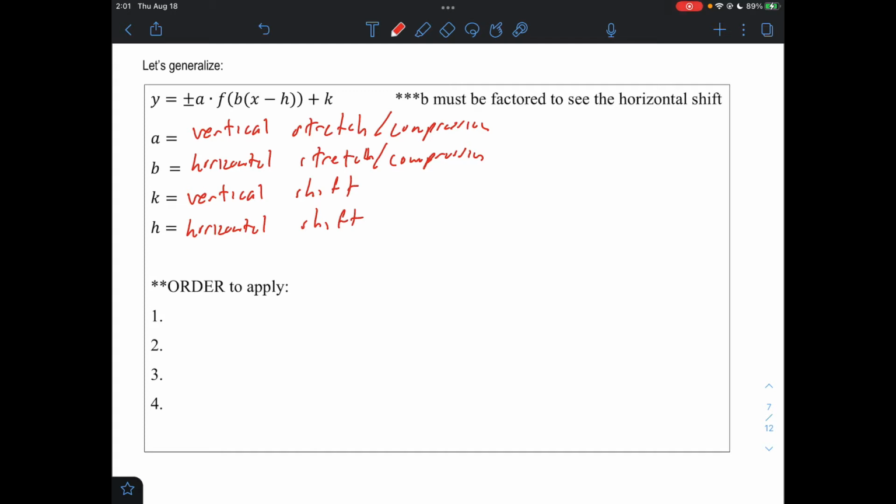The order to apply these, yes, there is an actual order you have to apply them. You can't just do whatever you want in any order. The order to apply these to our original XY pairs would be first all of our horizontal things.